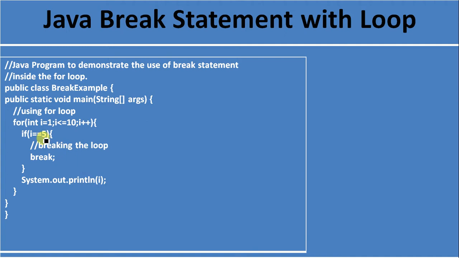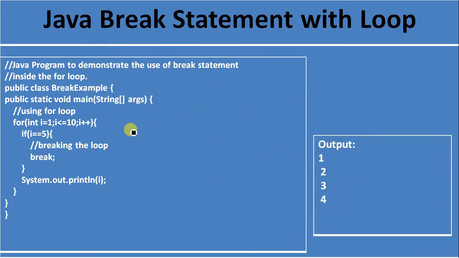So the output of this program is only 1 2 3 4. If we remove this break statement, then the output will be 1 to 10. But as we are using a break, after printing the 4, it will check the condition i equal to 5, which is true, so it will break the loop.